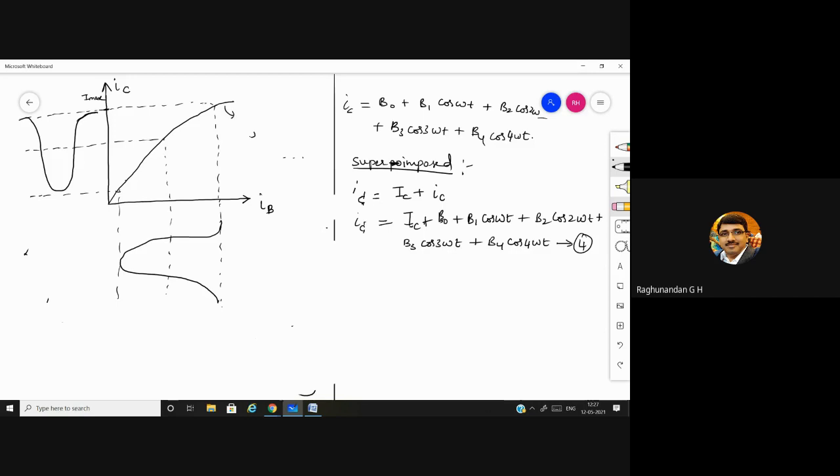So this is the dynamic curve with fourth order nonlinearity. This is Imax, and this point we call Imin, and this is 0. Since we are having higher order harmonics, we will plot more points.